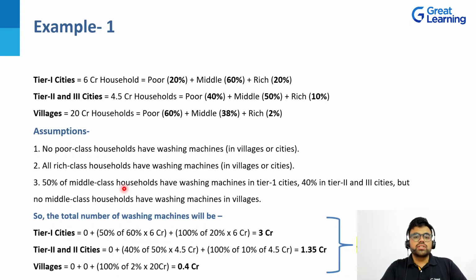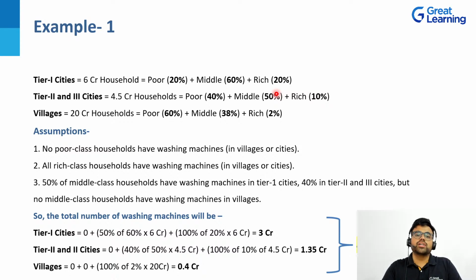Now, tier 1 cities, right? We have marked down that 6 crore households live in tier 1 cities. Those cities also have a division between poor, middle class, and rich people. Now, we have to differentiate between that. Again, you have to assume these things. You can take 15%, you can take 65%, you can take 20% as rich. It doesn't matter what percentage you take, but it should be an educated guess.